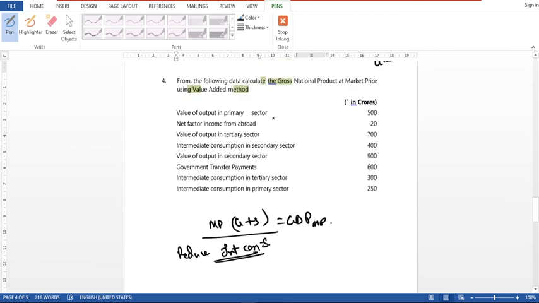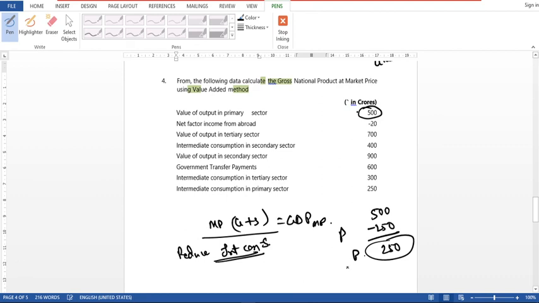Value of output in the primary sector is 500. Is there intermediary consumption in the primary sector? Value of output minus intermediate consumption in the primary sector, 500 minus 250. So in the primary sector there will be only 250 rupees of production. See, in the market price of finished goods, the market price of raw material is already added, so we need to deduct it.